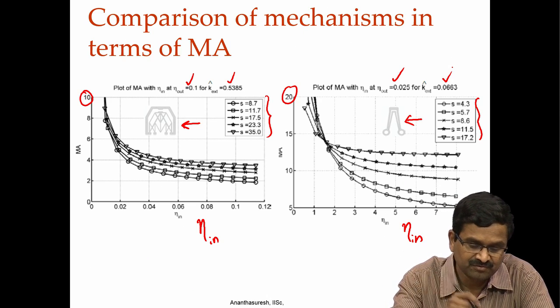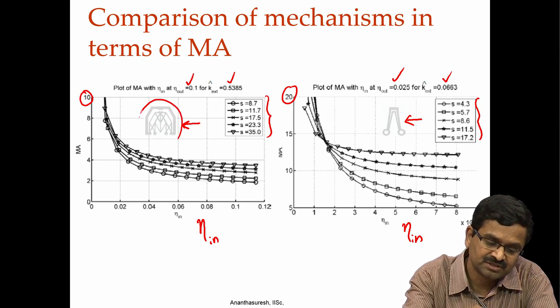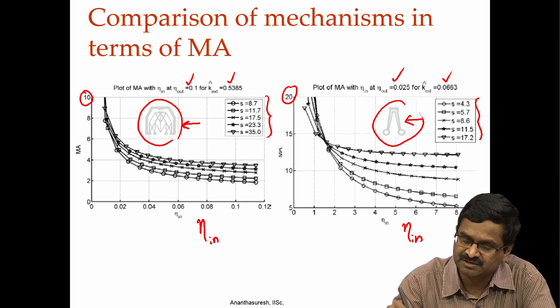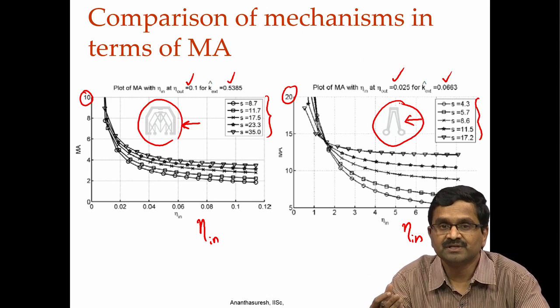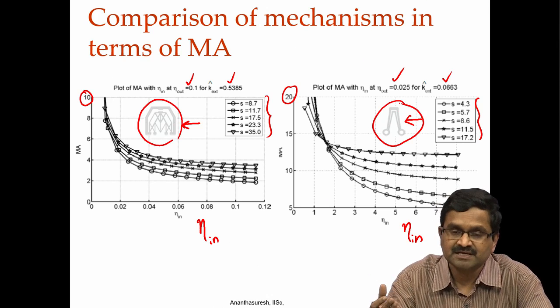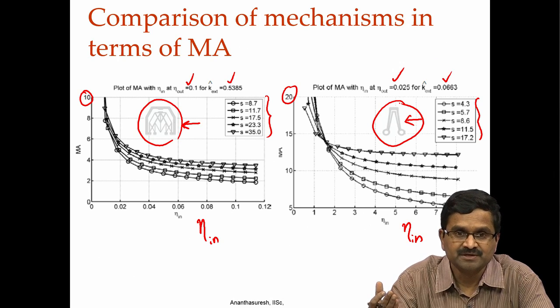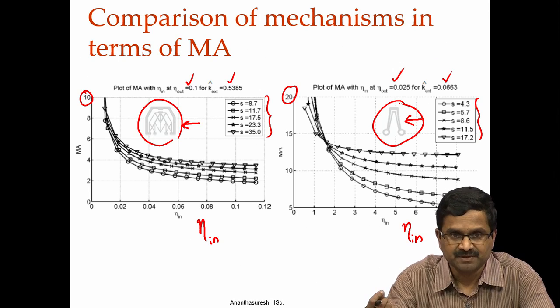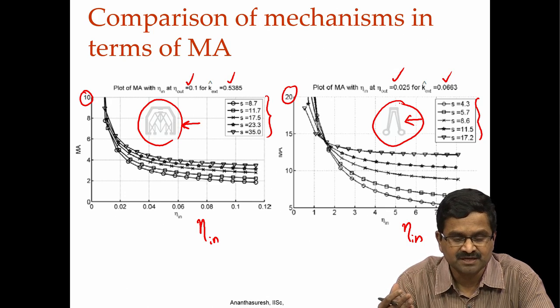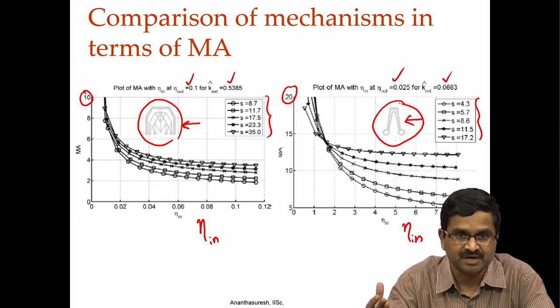So, non-dimensional one, once you have, if you want to use this mechanism or this mechanism, you want to further decide, let us say that this mechanism already satisfies your kinematic requirements or functional requirements. Now, you want to go to the next level, that is mechanical advantage wise, is it helpful or not. In order to do that, if you have these charts, you can quickly assess what mechanical advantage you get.